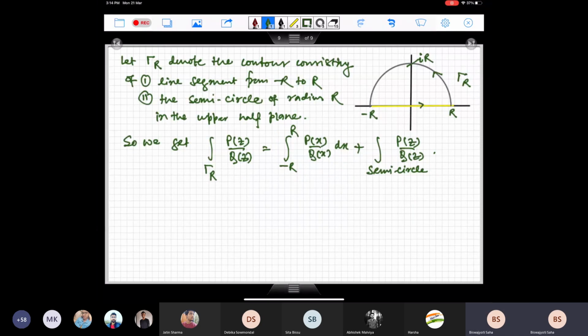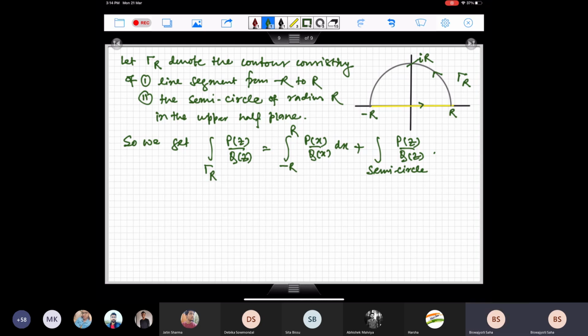This gamma r is like a Jordan curve, piecewise smooth and all that. Everything is fine. So here, when I integrate Pz upon Qz, what I am going to get, by the Cauchy residue theorem, is 2 pi i times the sum of the residues.